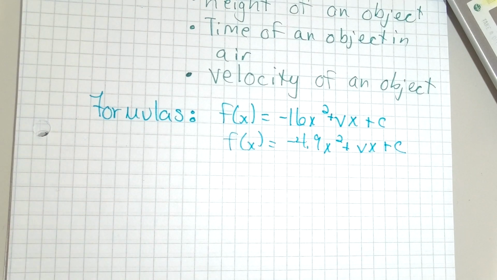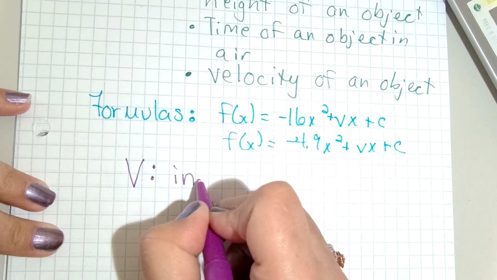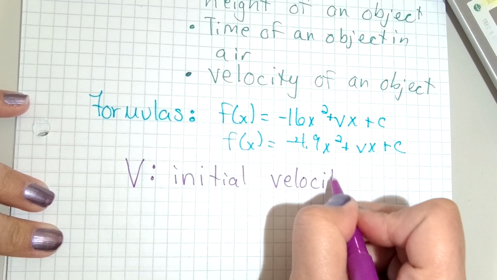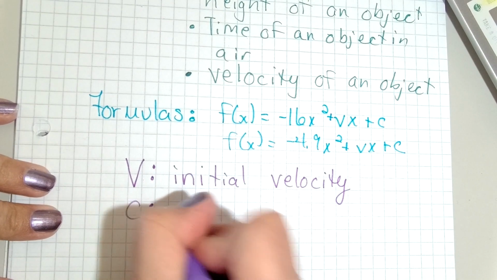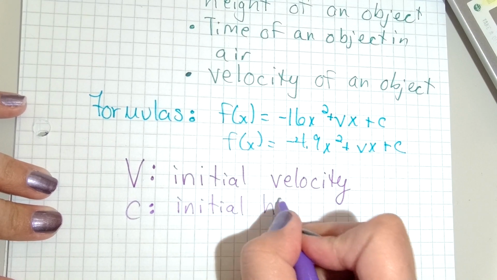For the formula, V will stand for initial velocity. C is the initial height of the object.